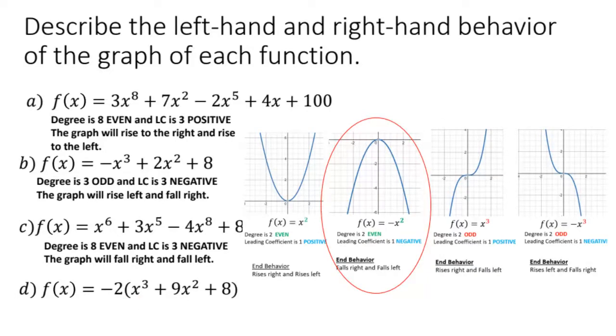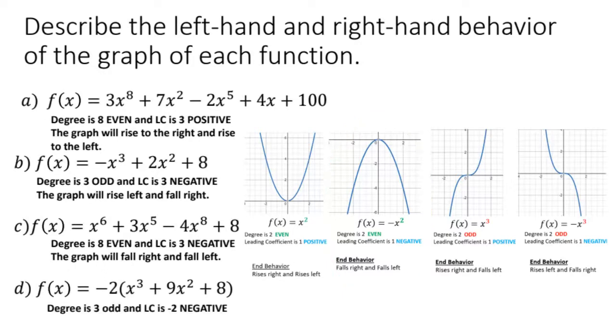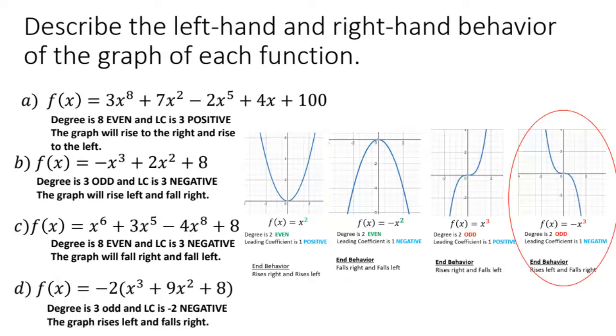So my leading coefficient is negative. Now we're dealing with an odd function with a negative leading coefficient. So that means the left-hand behavior for D is going to be rising from the left and going down from the right. Yes? And it's our last example here from our formula. Okay? Any questions? Very good.